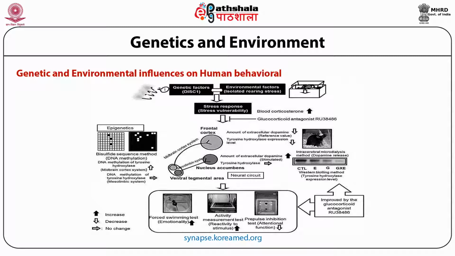Our genes influence how we respond to our environment, and at the same time, the expression of our genes is changed by the environment around us. Therefore, the relationship between genetic and environmental influence cannot be easily separated.